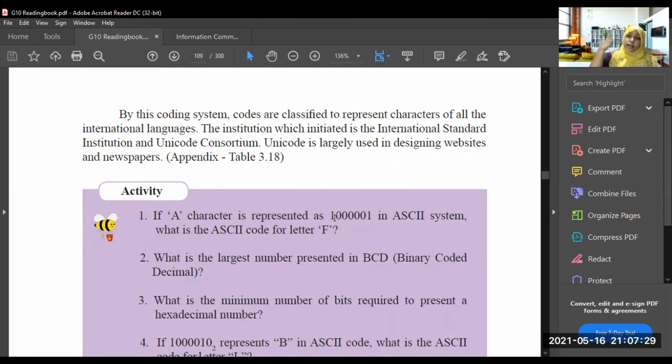So when you are designing websites for the internet, you use the Unicode font. Now you understand what Unicode is. The mostly used code system now is the Unicode code system.